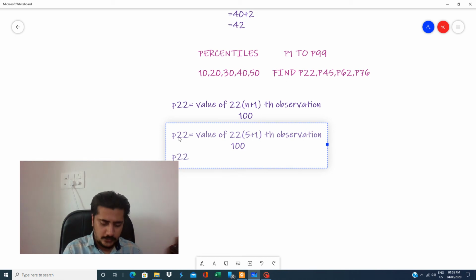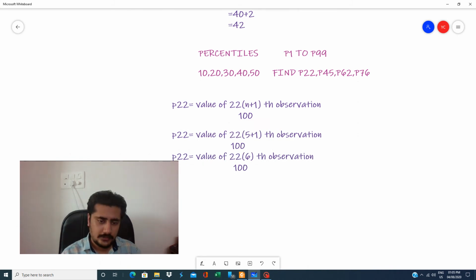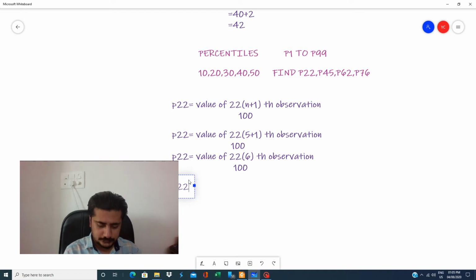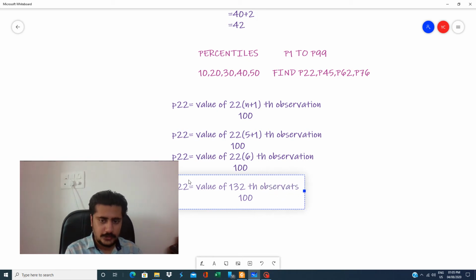Now P22 is value of 22 into 6 upon 100 observation. Now what is 22 into 6? So P22 is equal to value of 132 upon 100 th observation.